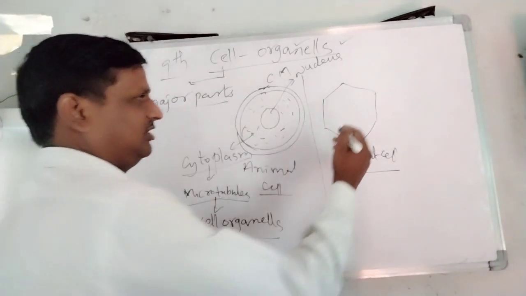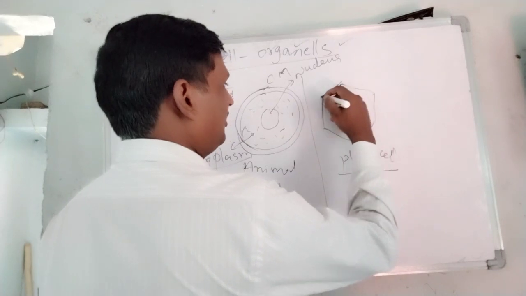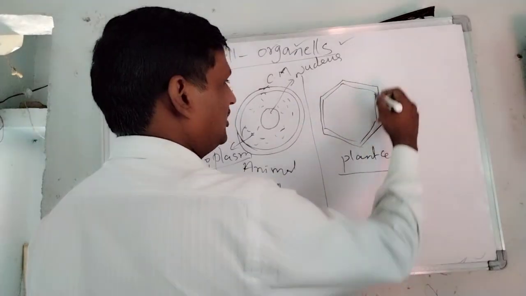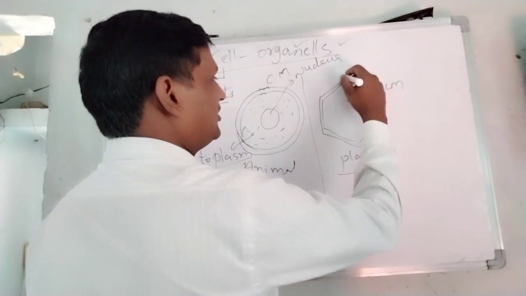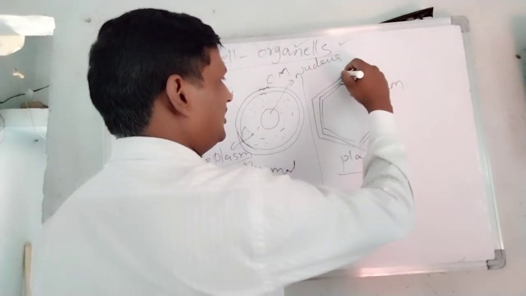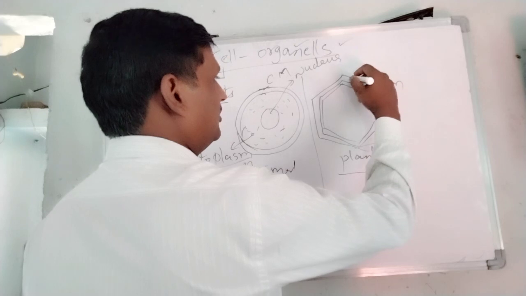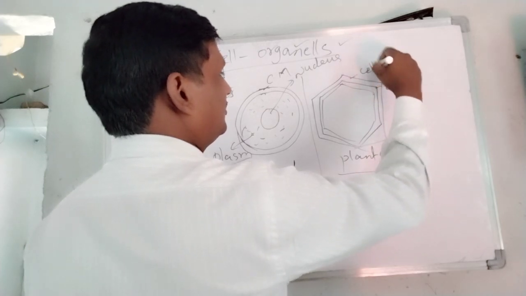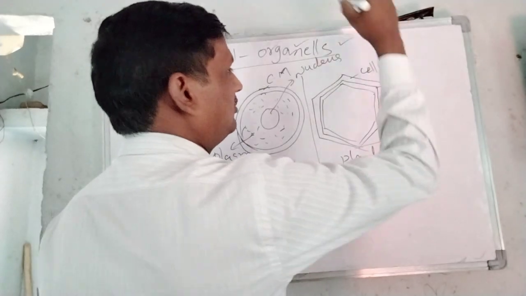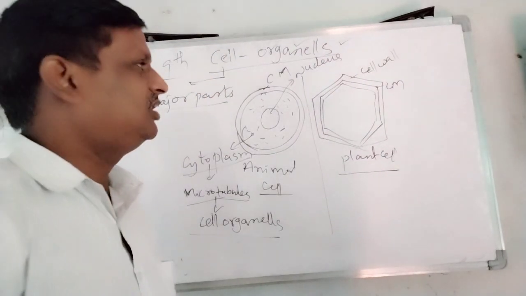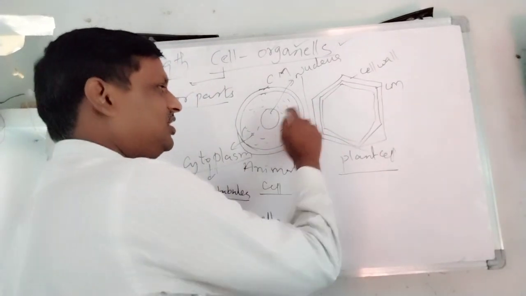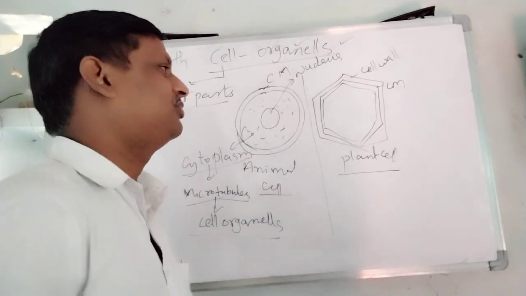If we look at the plant cell also, here there is the cell membrane. Above the cell membrane there is another extra layer called the cell wall. The cell wall can only be seen in the plant cell, but the cell membrane can be seen in both the plant cell and the animal cell.